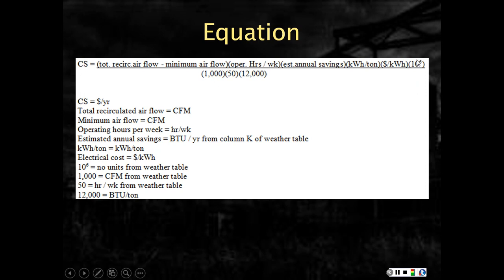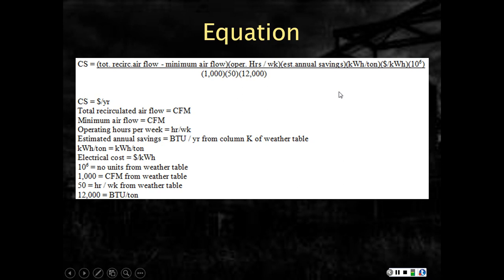So don't put this in twice. The annual energy savings we looked at a second ago for Grand Rapids, Michigan, was 13 point something, and that was actually times 10 to the 6th, and that's where that shows up. Don't put it in twice, and don't forget it.